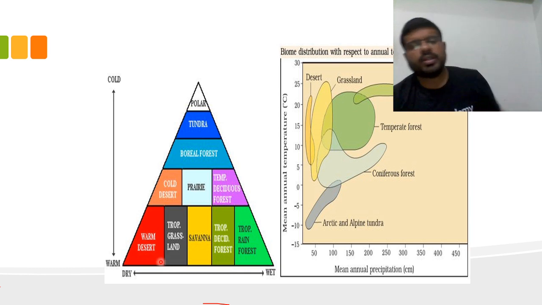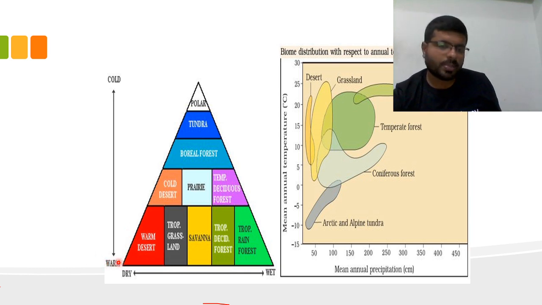So you see in this table, the temperature is moving from high temperature to cold temperatures as you move across this triangle from the bottom to the top, whereas as you move from east to west, the rainfall is varying.